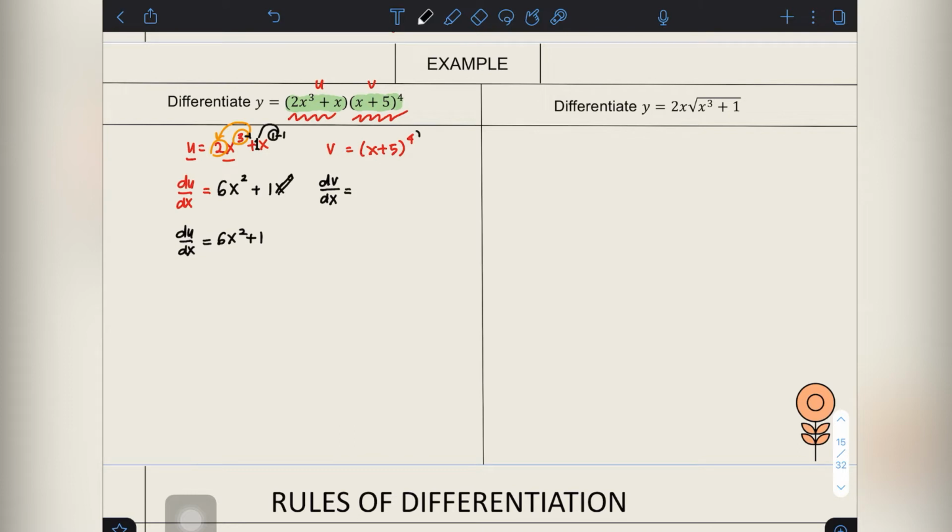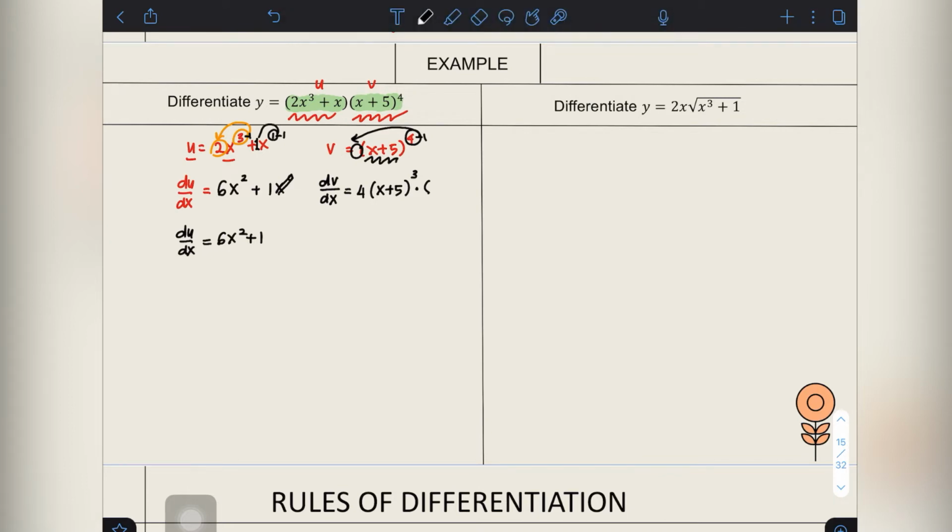So the first step, bring the power in front and multiply with whatever you have in front. Here you cannot see anything, means in front here you have 1, so 4 multiplied by 1 is equal to 4. In the bracket you just need to copy, and the power is minus 1, so you have power 3. Don't forget, for a composite function we have step number 3, where you need to multiply the whole thing with the differentiation of whatever you have in the bracket.